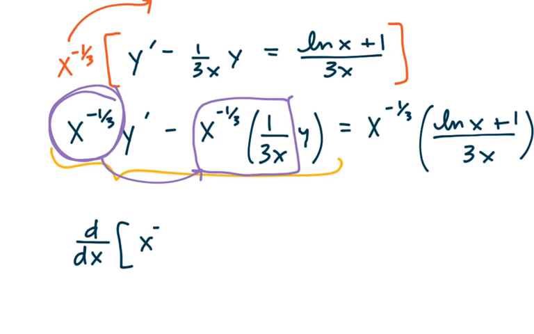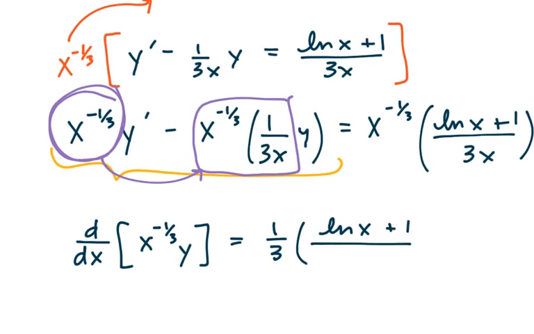So that would be x to the negative 1/3 y. And that's going to be equal to, I'm going to simplify over here, 1/3. I've got the natural log of x plus 1, and then x to the negative 1/3, and then that x is going to give me x to the 4/3 in the denominator here.